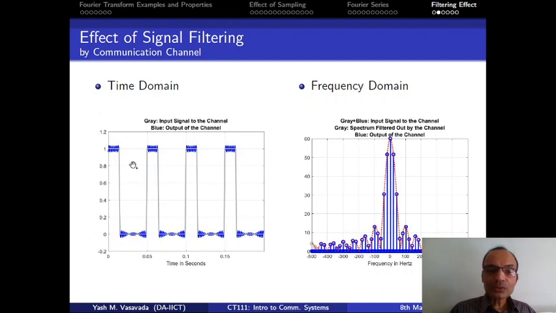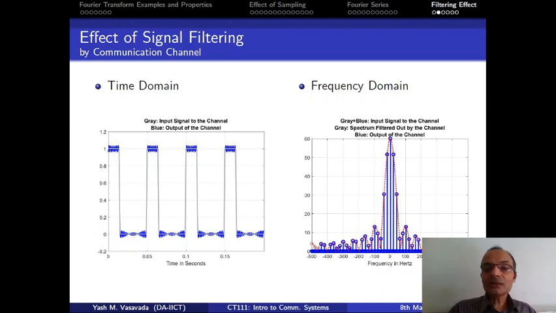So when the receiver gets this blue colored signal, it will see that there is a lot of ripple to it, and then there is some shape which otherwise looks a lot like a rectangular waveform which is actually sent by the transmitter.